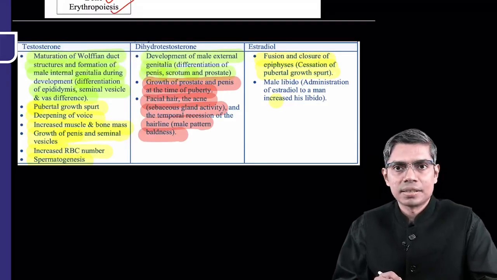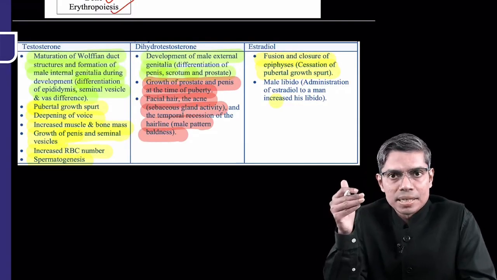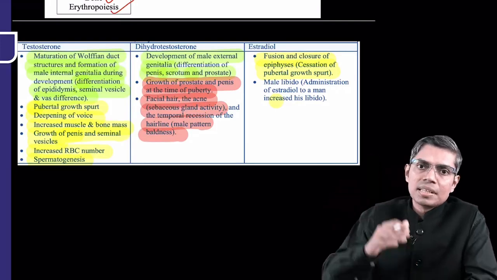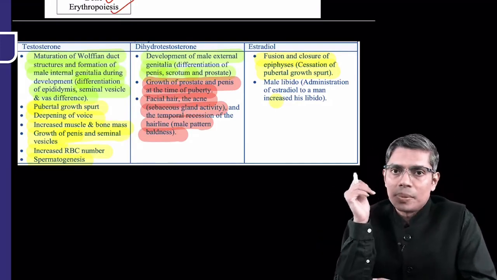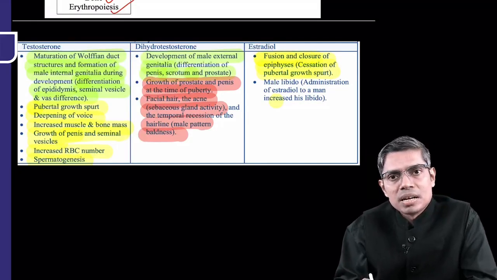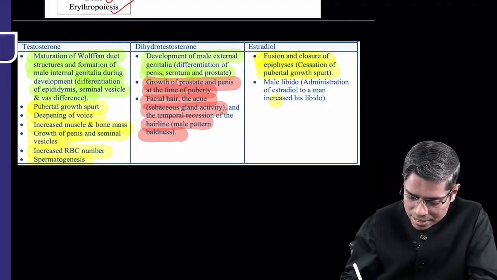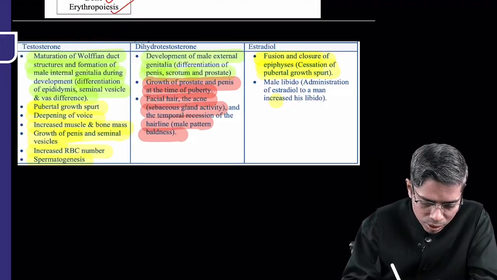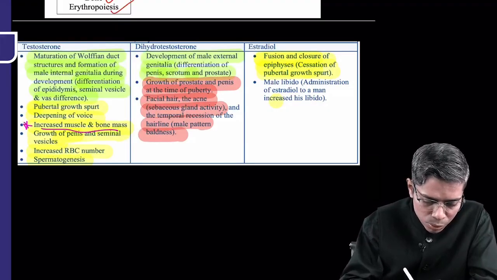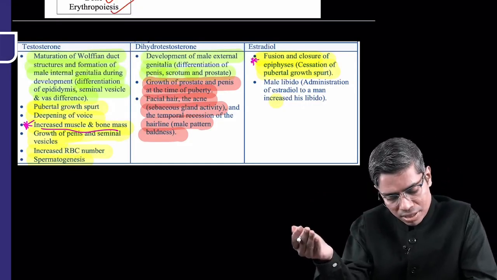Please note down, right? If you prevent the conversion of testosterone to estradiol, what will happen? There will be increased height of the person, because the epiphyseal closure, which is done by estrogen, is not going to happen. So please note down, testosterone itself is responsible for the growth of the bones and muscle, but the closure of the epiphysis is done by conversion of testosterone to estradiol, right?